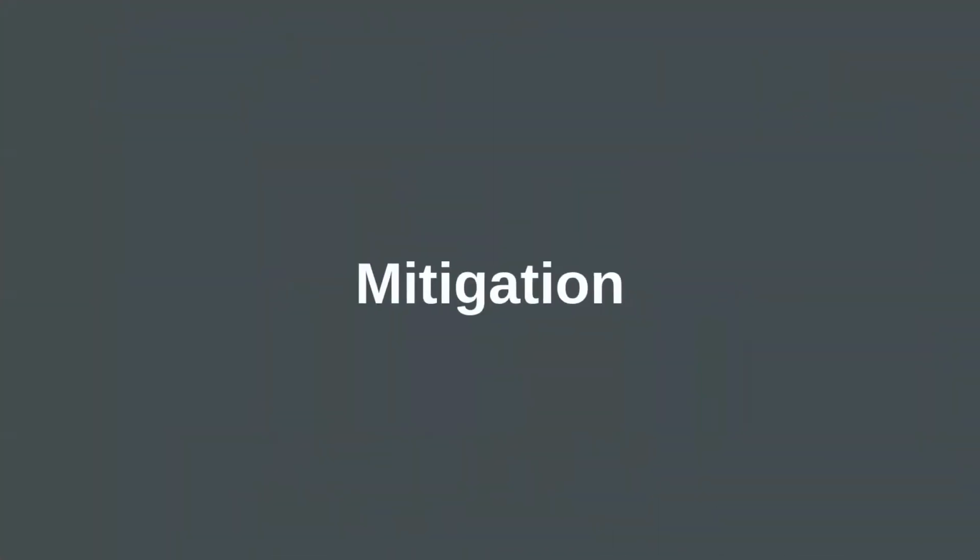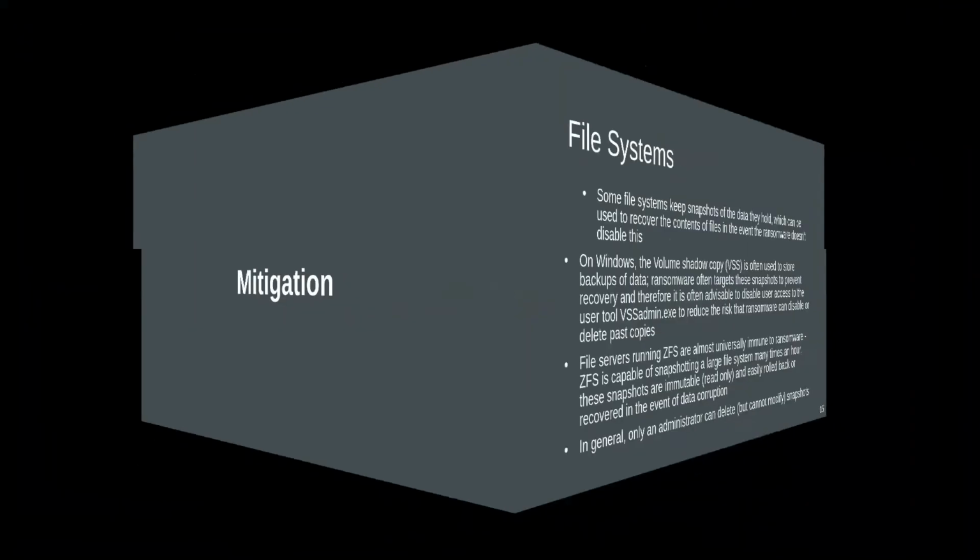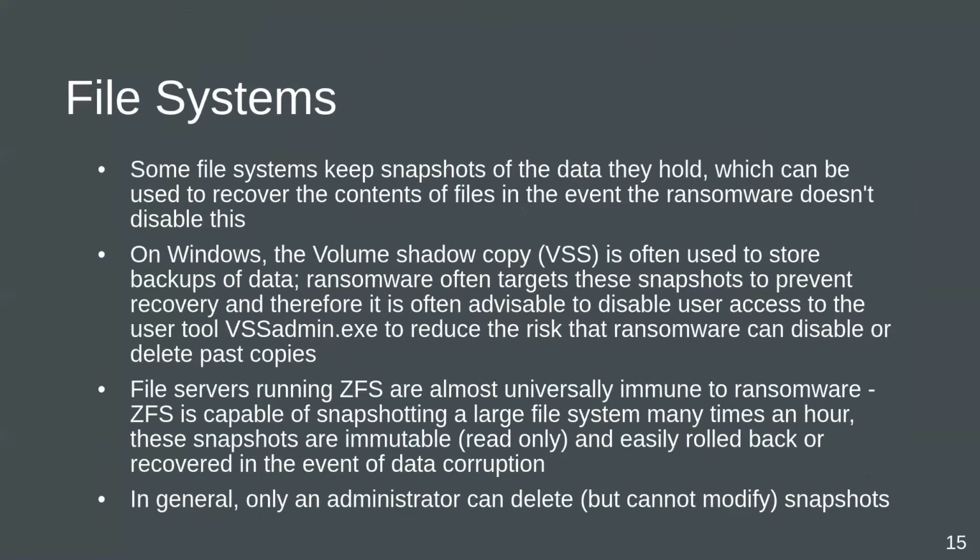Now that we've looked at the NSA tools and two examples of ransomware, this part is about the mitigation of that. So some examples of mitigation. File systems keep snapshots of data that they hold, which can be used to recover the contents of files in the event that ransomware doesn't actually disable this capability.